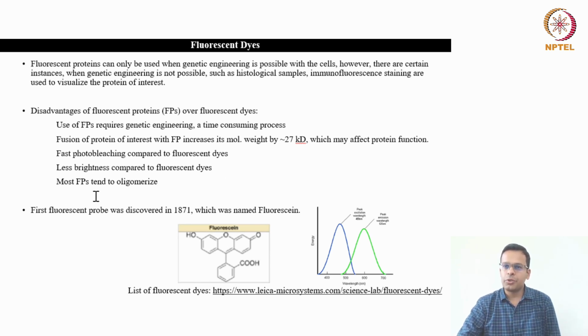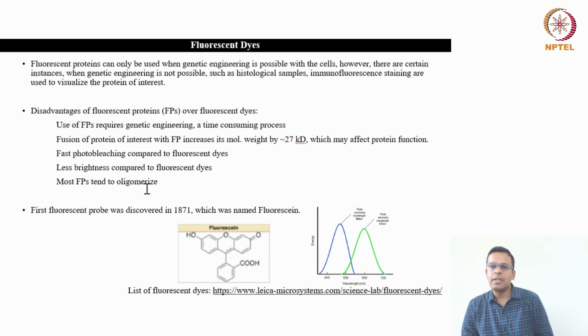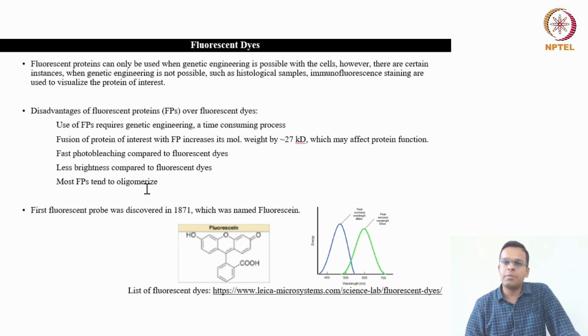And most fluorescent proteins tend to oligomerize. As we saw, most of them were either dimerizing or tetramerizing, which is not a good feature for imaging in biological samples. You need to avoid oligomerization, and fluorescent dyes do not oligomerize, so they provide these advantages over fluorescent proteins.